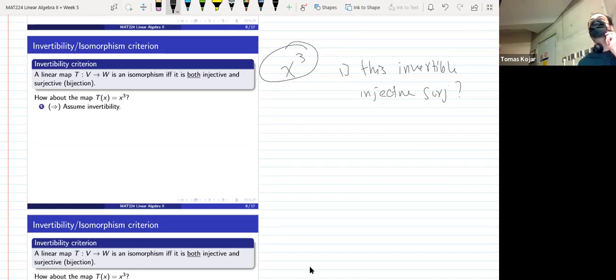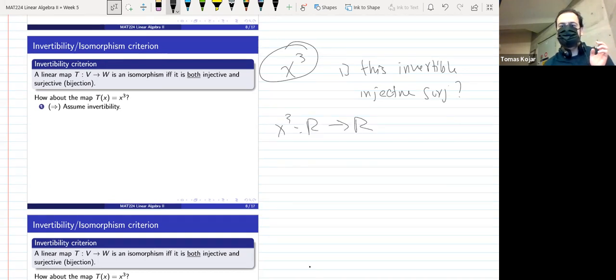Yes or no? Yes. Anybody else? Is it surjective? As a map from R to R, is this surjective? Yes, no, yes, yes. Okay, is it invertible?